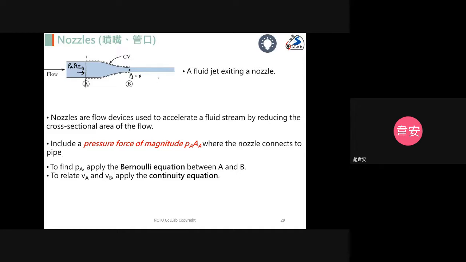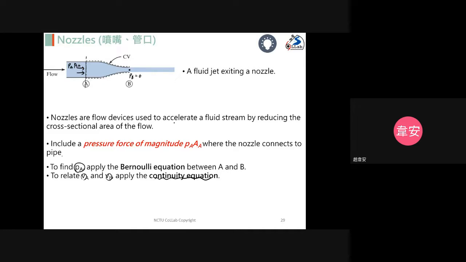So for nozzle problems, we have an inner pressure force on one side, and on the other side the gauge pressure is equal to zero. Usually for this problem, we find the pressure at cross-section area A by the Bernoulli equation between A and B. And if the flow velocity is unknown at stations A and B, usually we apply continuity to calculate the flow velocities VA and VB.